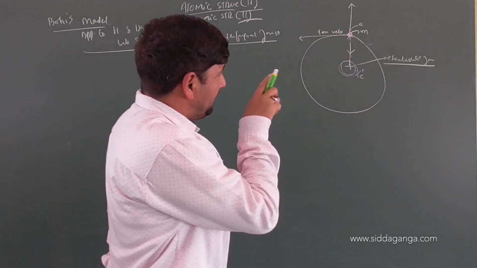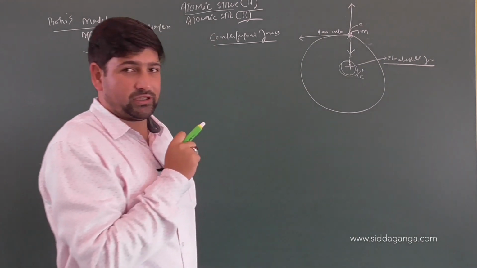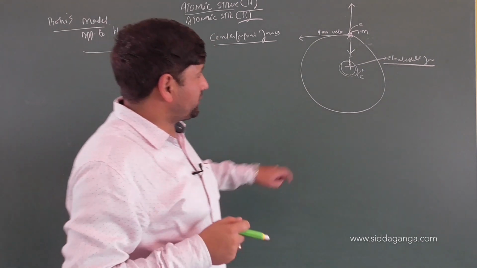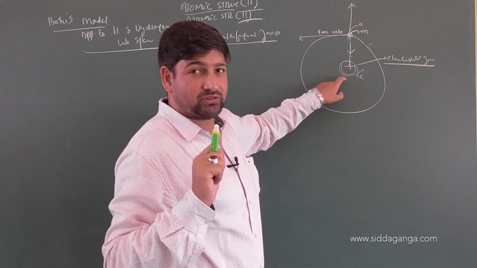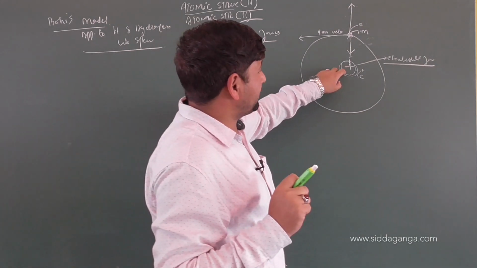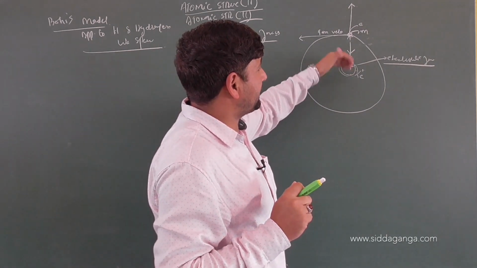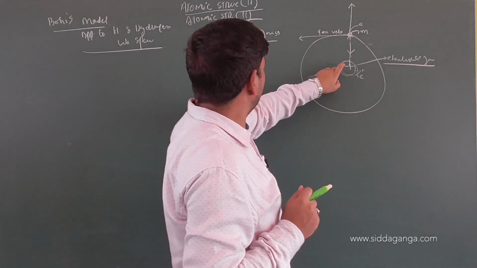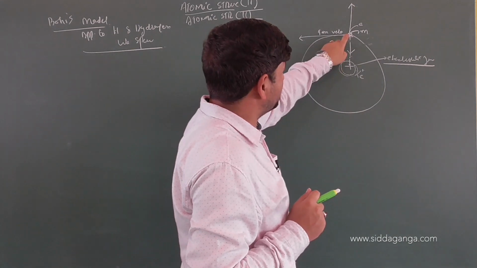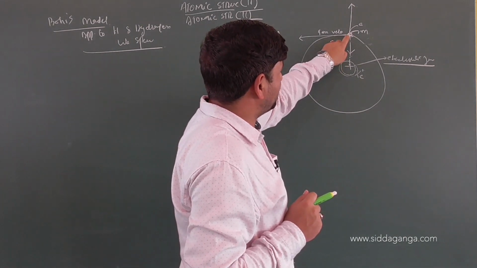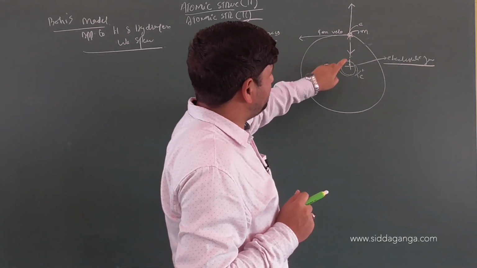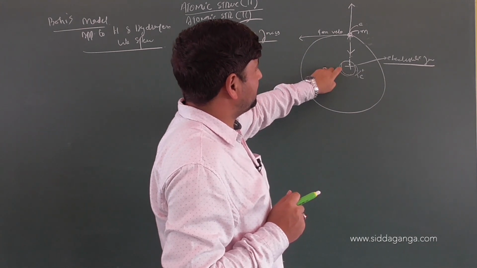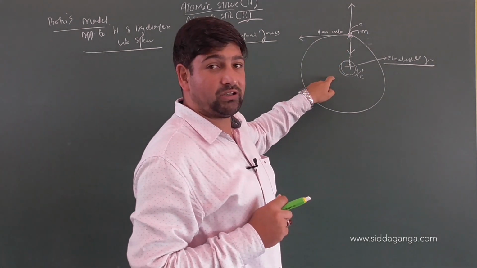But we know electrons are rotating continuously around the nucleus. According to Coulomb's law, the electrostatic force exhibited between two charges is directly proportional to the product of the magnitude of the two charges. If the centrifugal force acting on the electron is balanced by the centripetal force, then only will the electron be able to rotate around the nucleus.